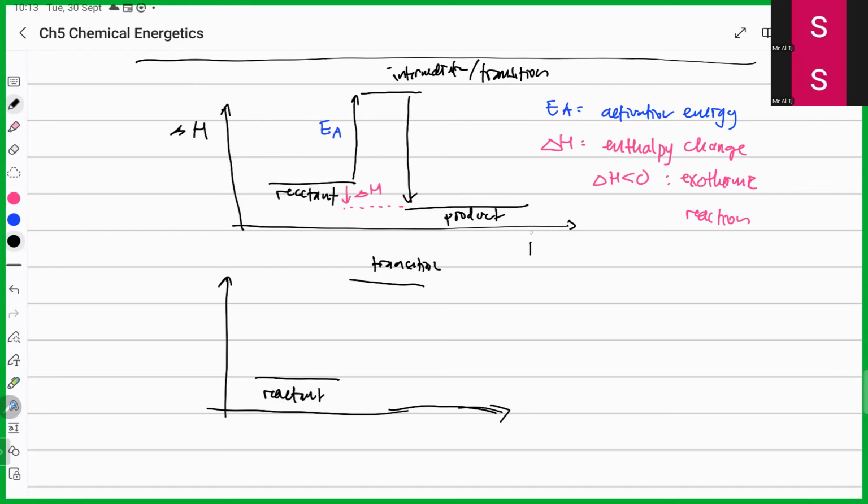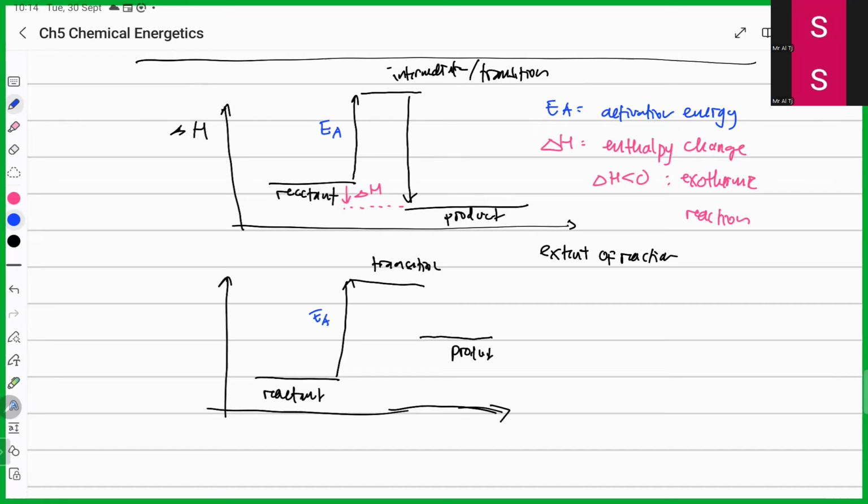The axes are what we call the extent of reaction and enthalpy. Now, what is different is that the product level is higher than the reactant level. So in this case, we are going to have two positive values.